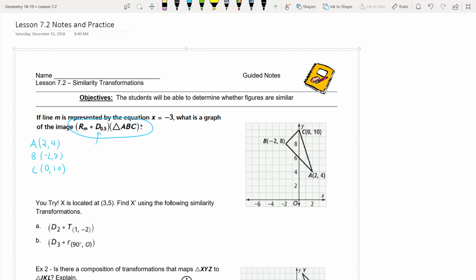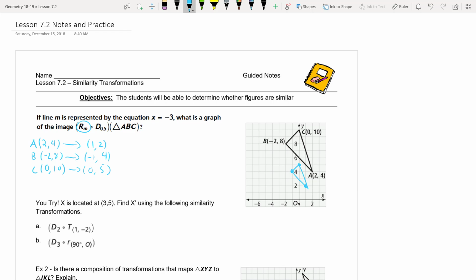So for my case, A is going to become 1, 2, and we're just going to follow that pattern as we work our way down. So right there, I've got 1, 2, I've got -1, 4, and I've got 0, 5. So there's my figure dilated by half.